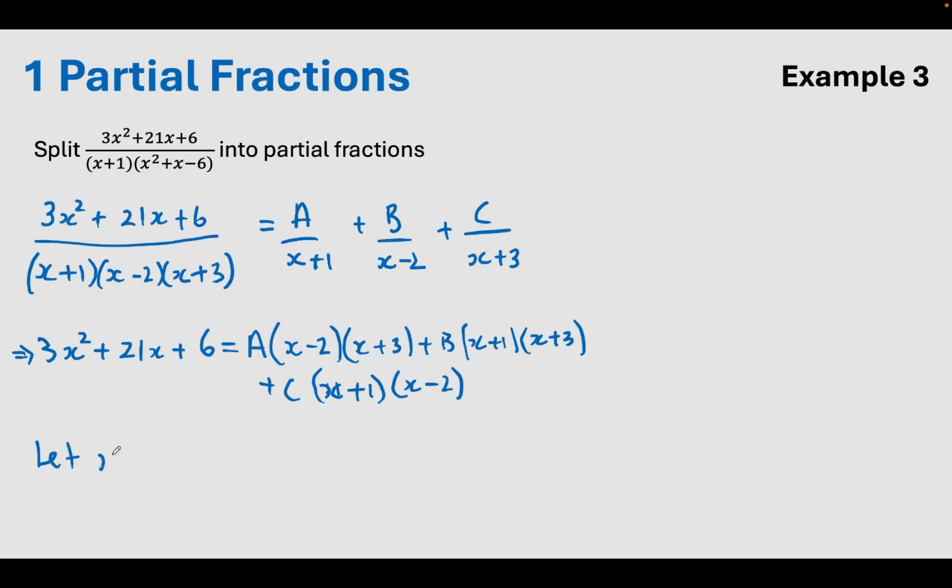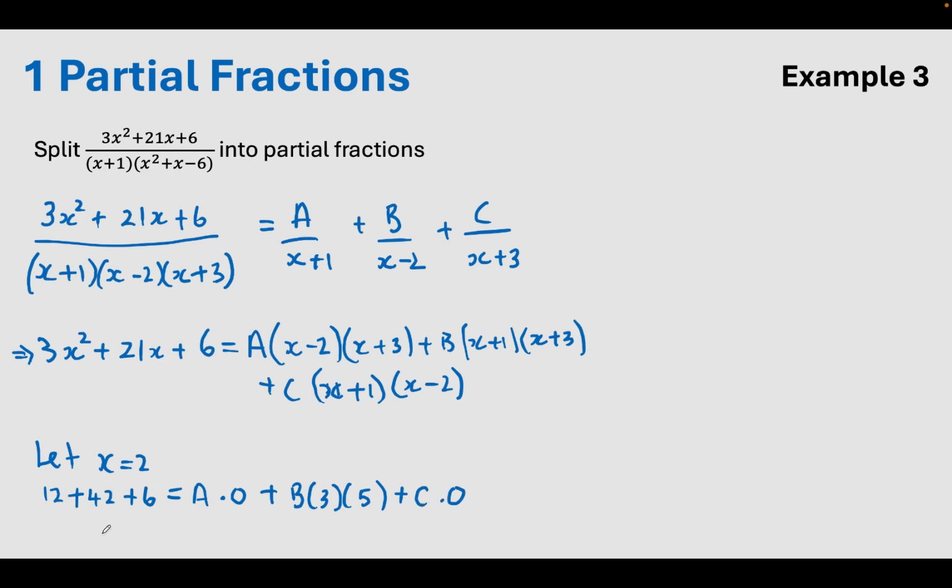So I know that if I let x equals 2, okay, then my left hand side, so I get 3 times 4, so I get 12, add 21 times 2, which is 42, add 6, equals, I know that this a will cancel now, so a times 0, plus my b will not cancel, so I'll get 2 add 1, which is 3, and then I'll get 2 add 3, which is 5, plus c, and since that one is 0, the whole product is 0.